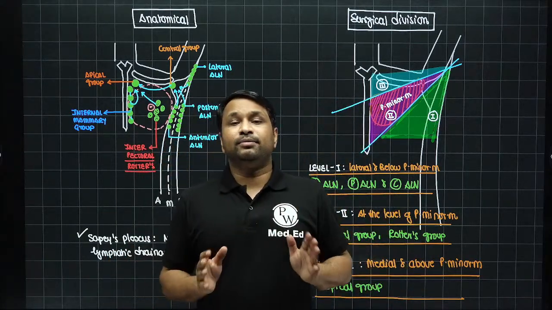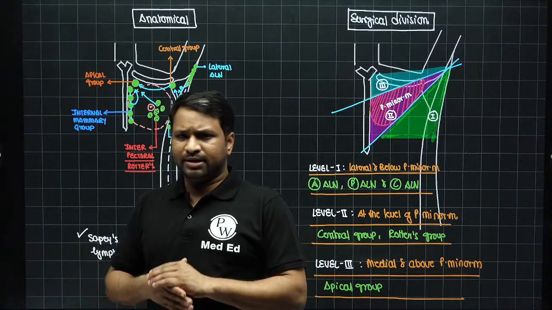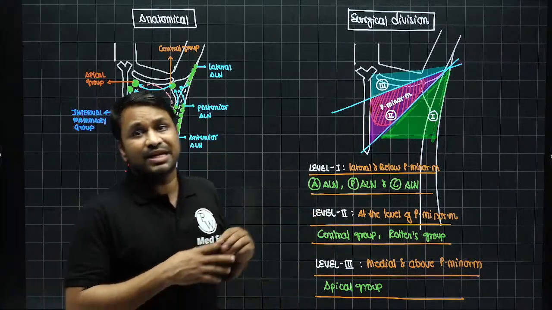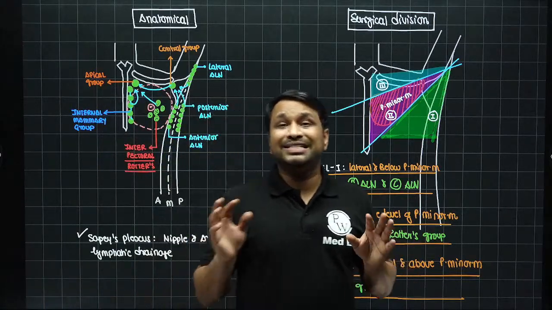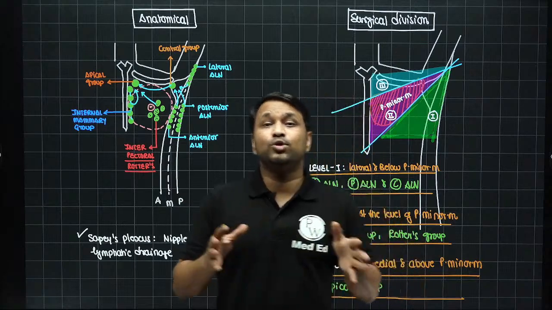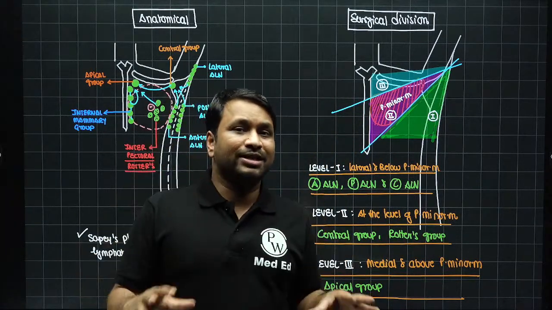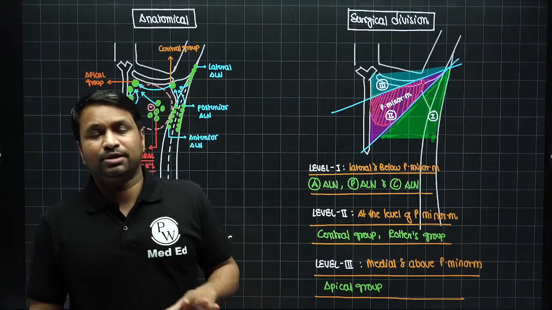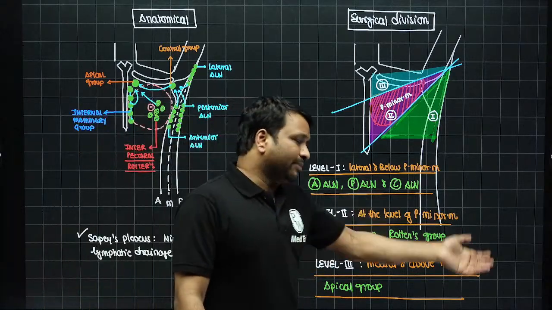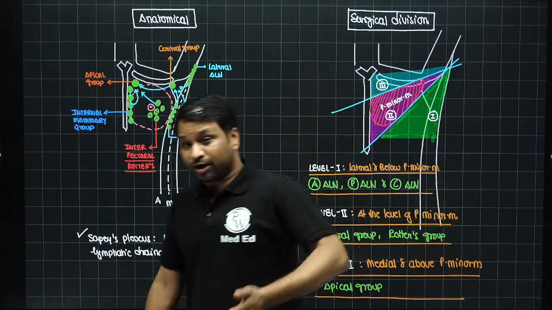When it comes to the internal mammary group of lymph nodes, one, the involvement is not that common, and even if it is involved, you don't need to dissect and surgically remove it, because post-operative radiotherapy can be given here. There are no vital structures here. The nodes can be ablated without causing much surgical dissection. So internal mammary nodes can be taken care of with radiotherapy. They do not require a surgical excision.